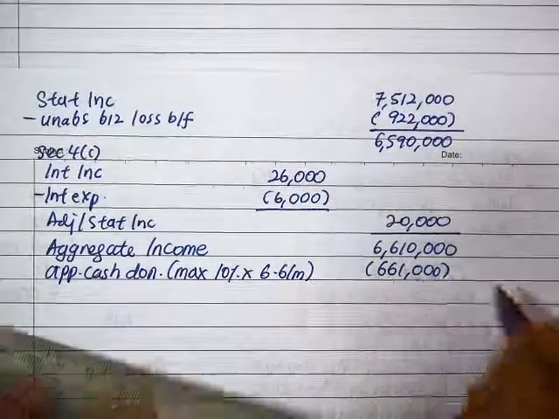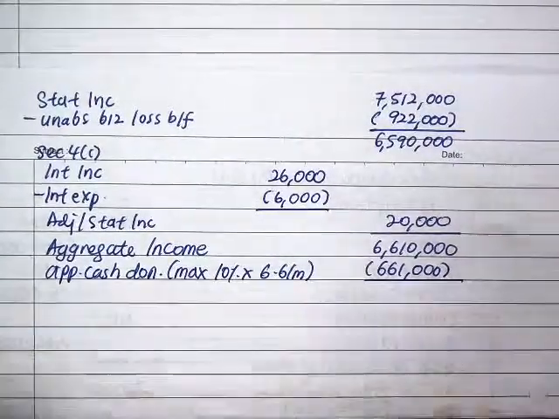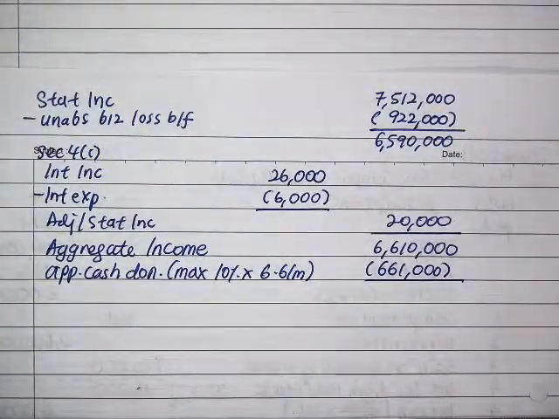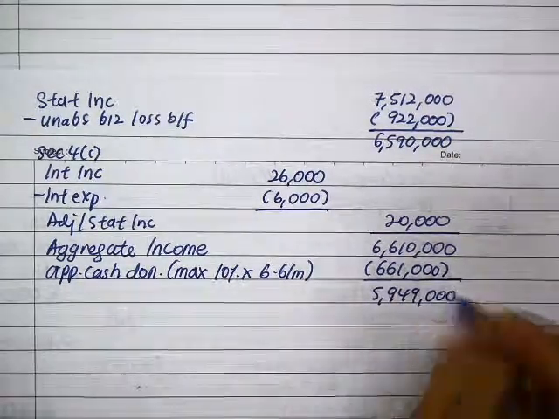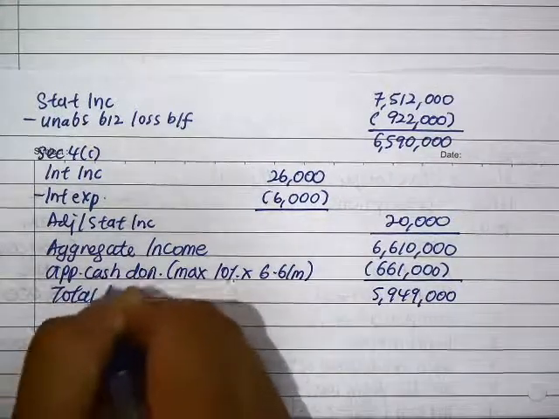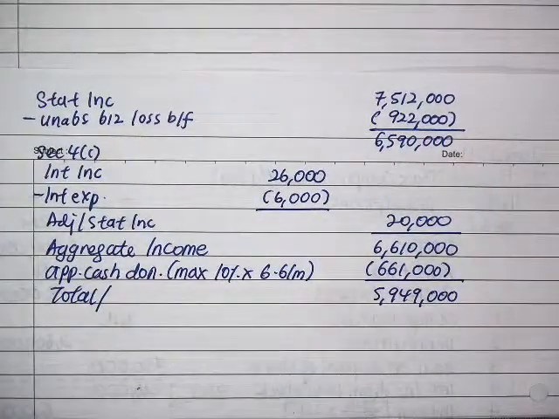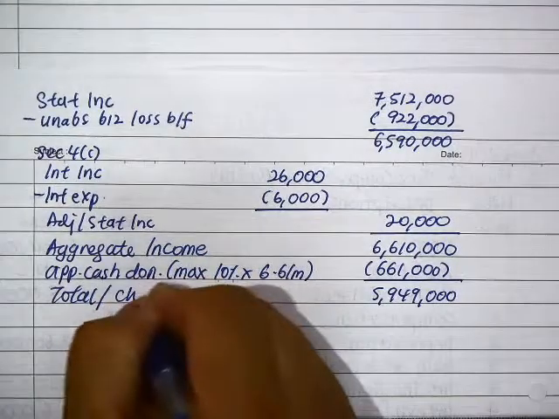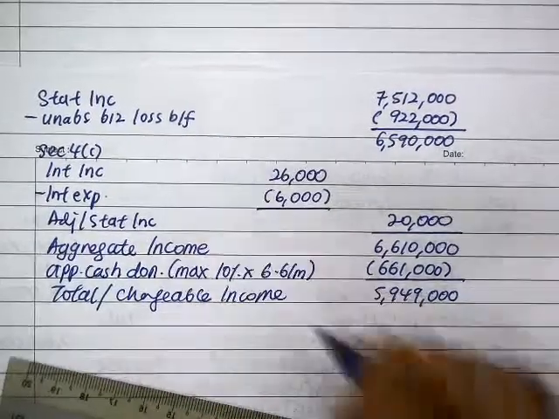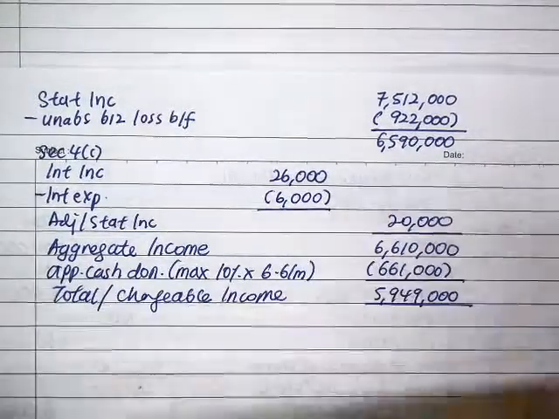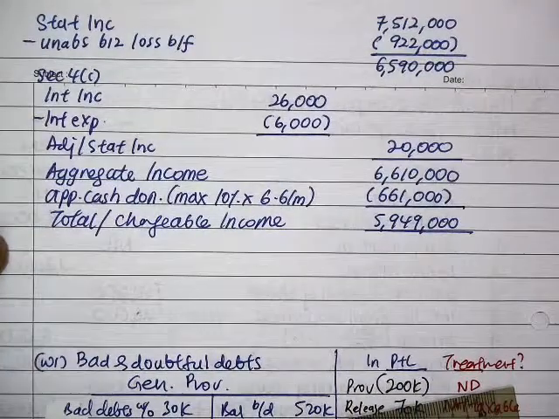Now, donation was 800,000, so you just restrict. So this is my total, as well as my chargeable income.